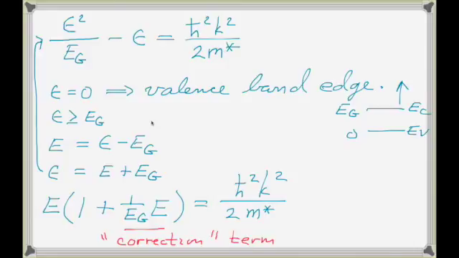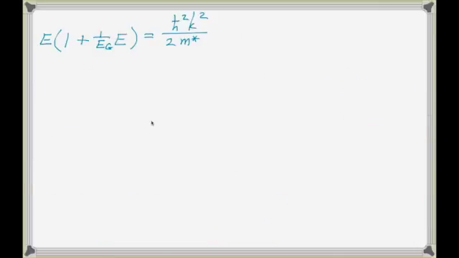Obviously, the smaller the band gap, the larger this correction is. It's inversely proportional to the band gap. So for a band gap like indium arsenide, for example, which is a narrow band gap semiconductor, that's like 0.3 eV.